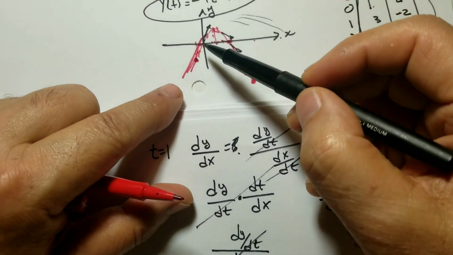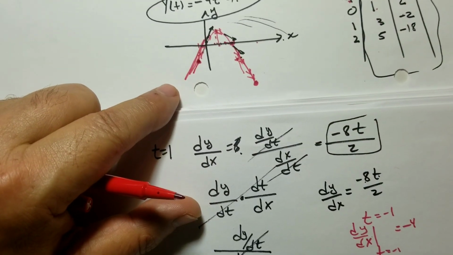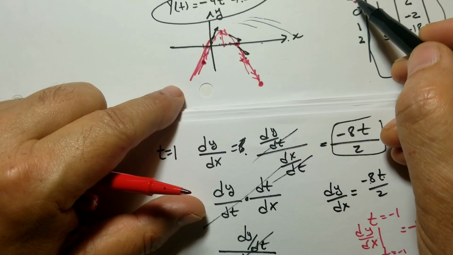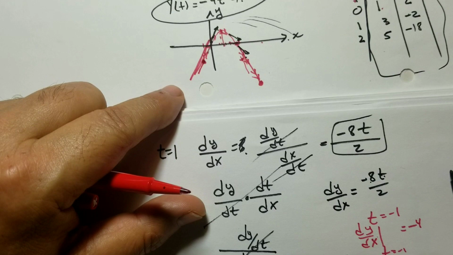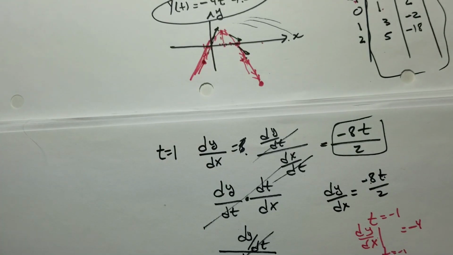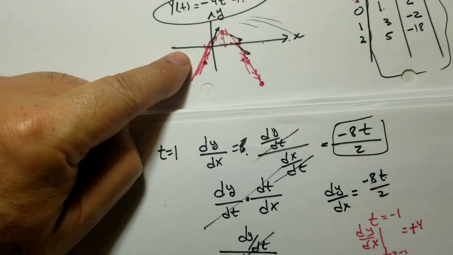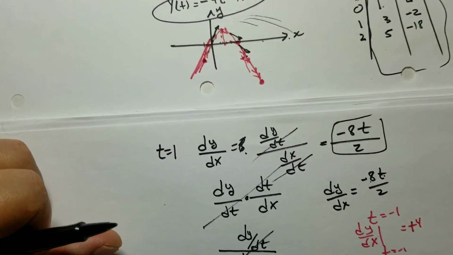I bet you I made a mistake right here because this one was a rising line. How did I come up with a negative right here? Remember in here I said t equal to negative 1. And what is negative times a negative? It is a positive. And as a positive, it becomes a plus 4. I just quickly saw that that's a rising line. Here is a falling line.